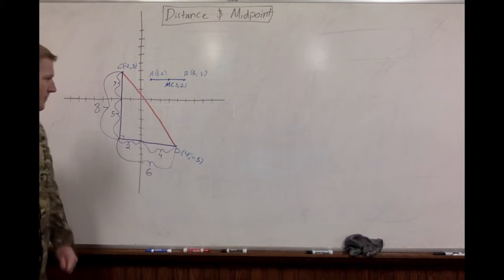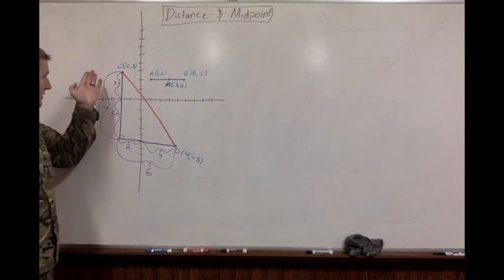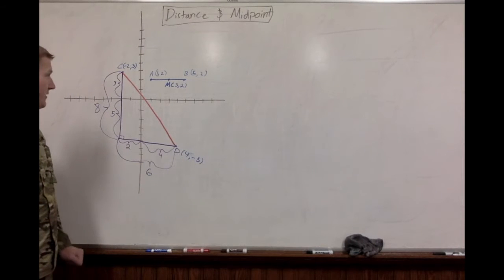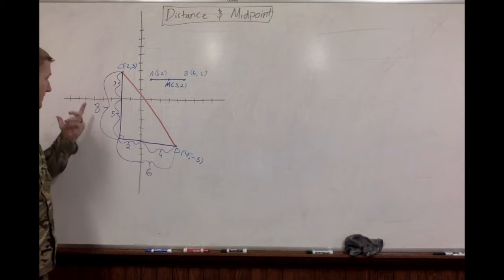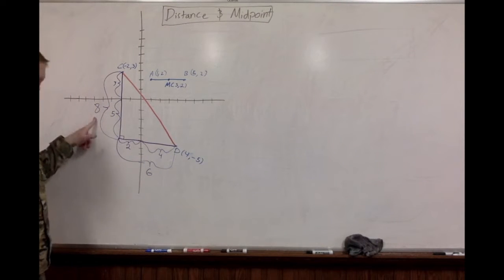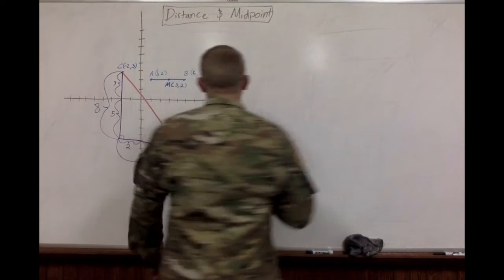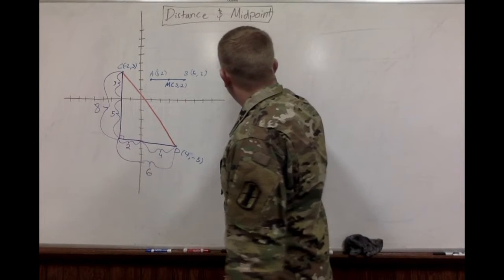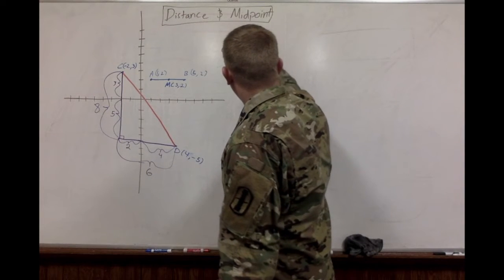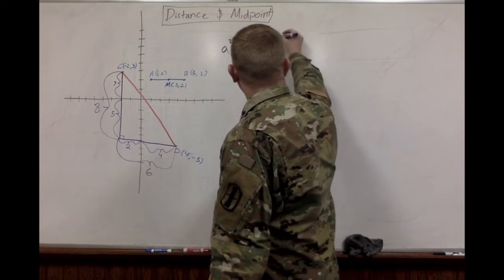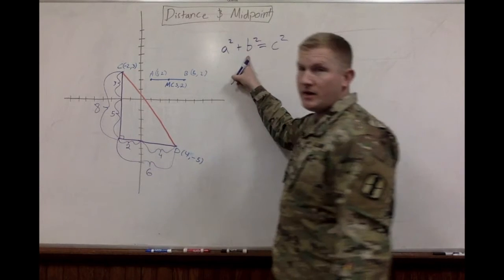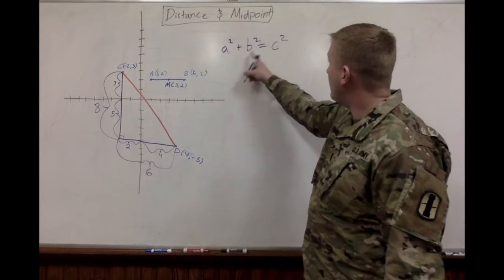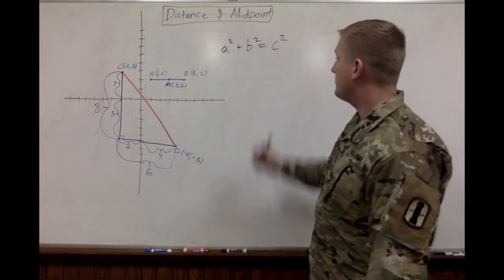Good. So now it's pretty easy to find how long that diagonal is, right? We now have the lengths of our sides. So if you remember for the Pythagorean theorem, a squared plus b squared is equal to c squared, where a and b are the legs of the right triangle, and c is the hypotenuse.